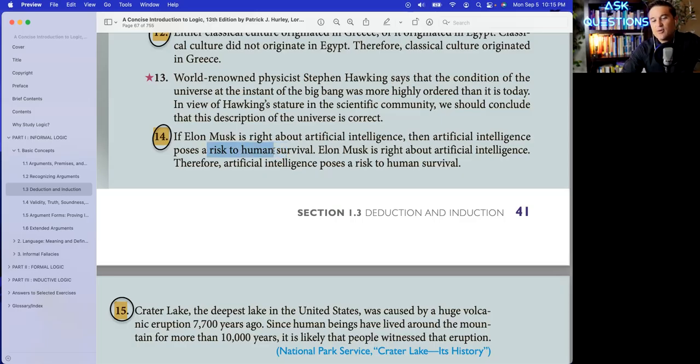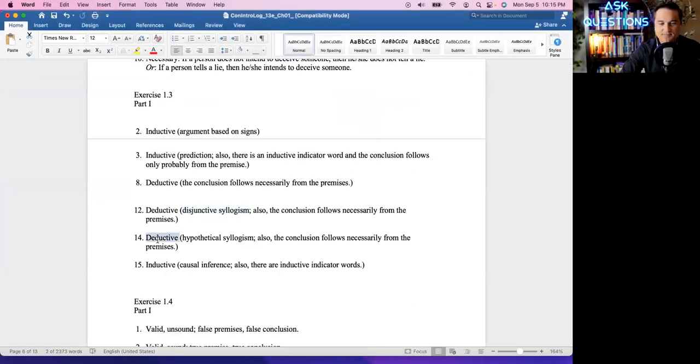And then there's, well, AI is behind a lot of these algorithms and social media, and this is starting to pervert culture in ways that is not good for humanity. So there's a whole range of riskiness. So is it true? Well, it's almost partly empirical, partly philosophical, but the argument is deductive.